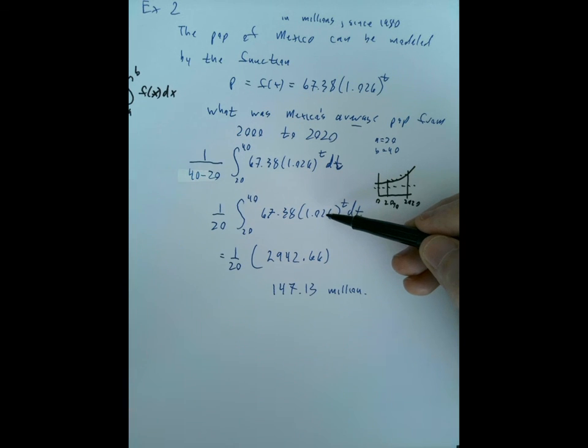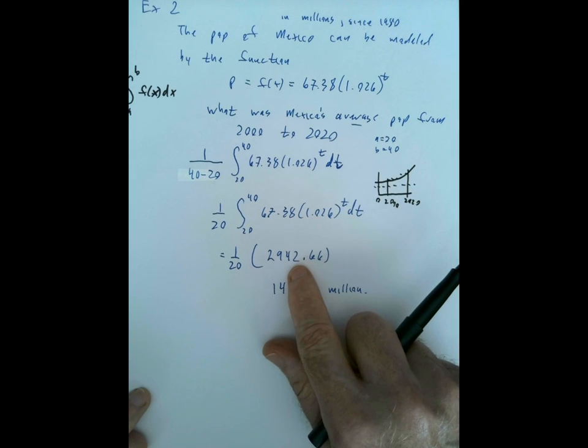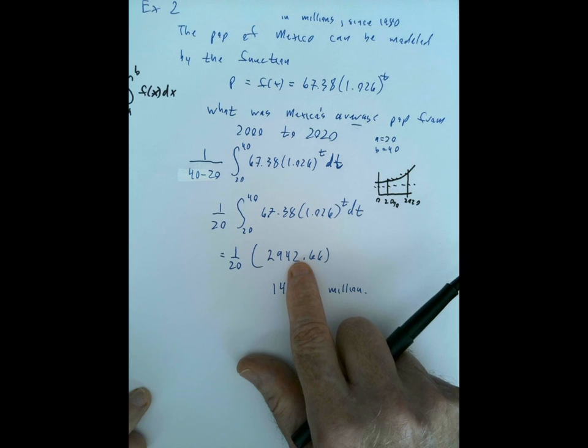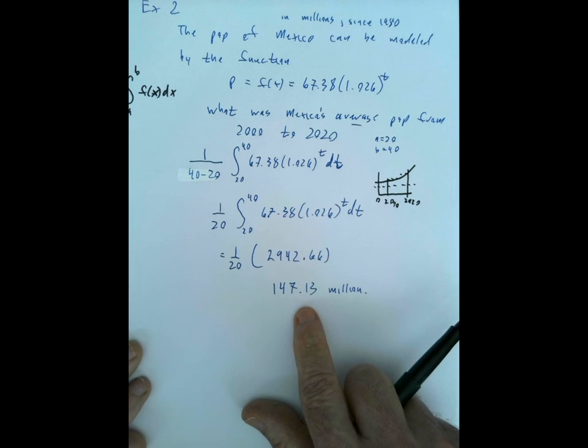Now, how do we do this bit here? You're going to do it on the calculator, using the numerical integration function on your calculator and the procedure that we showed. If you evaluate this on your calculator, you get 2942.66, the total population increase from 2000 up to 2020, divided by 20 years, which gives the average population per year.